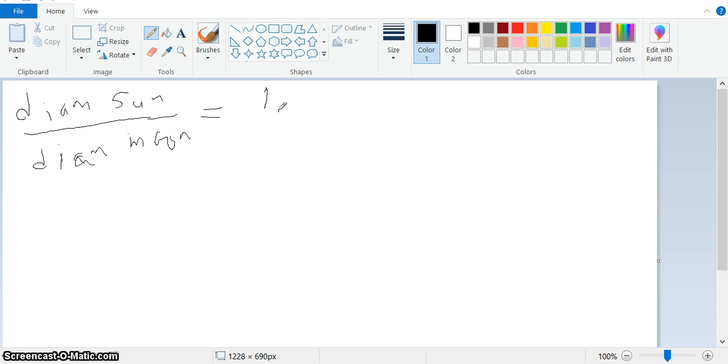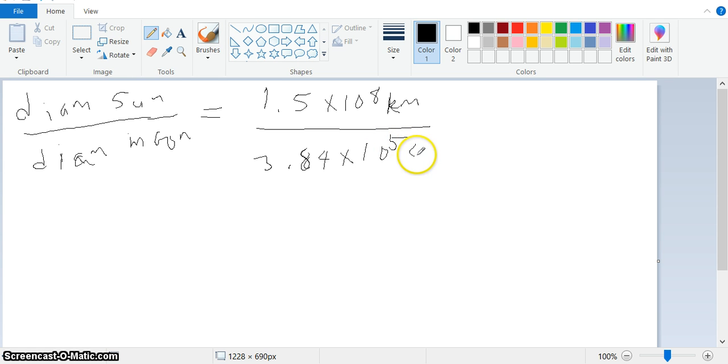The distance to the sun is 1.5 times 10 to the 8th kilometers, divided by the distance to the moon, which turns out to be 3.84 times 10 to the 5th. And notice they're both in kilometers.